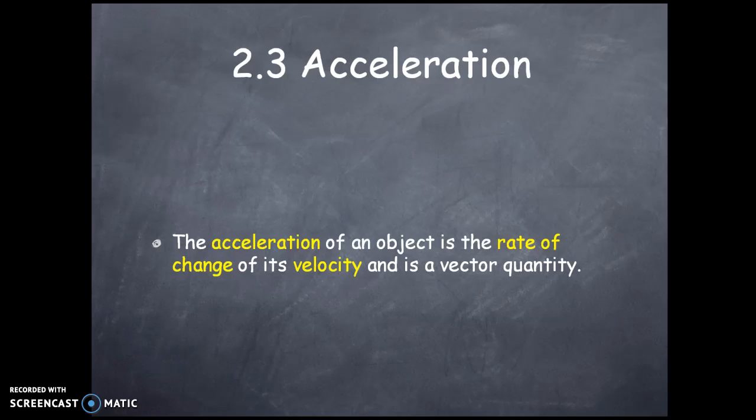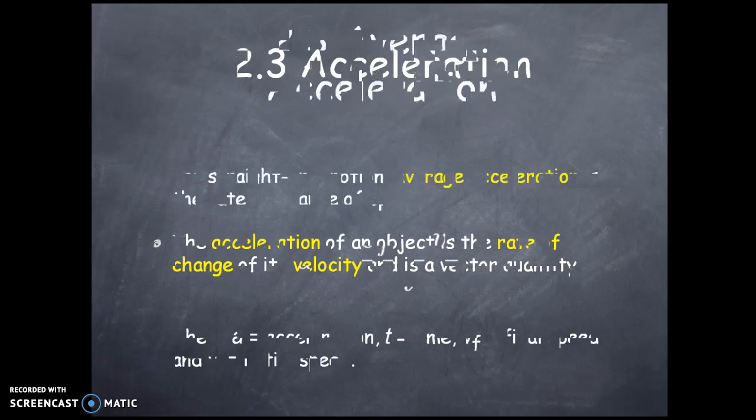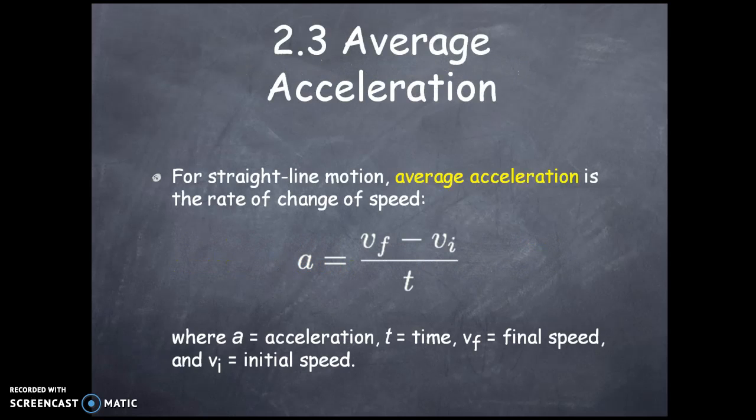Acceleration. The acceleration of an object is the rate of change of its velocity and is a vector quantity. So acceleration is how fast the velocity of an object is changing. For straight line motion, average acceleration is the rate of change of speed.